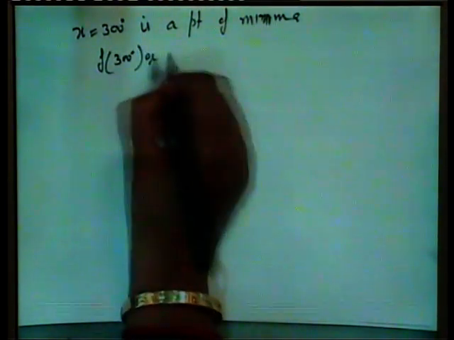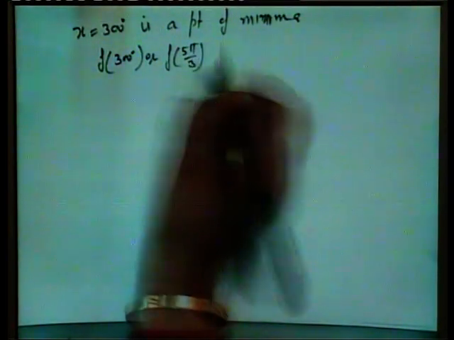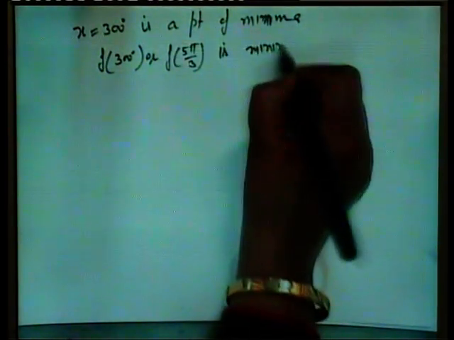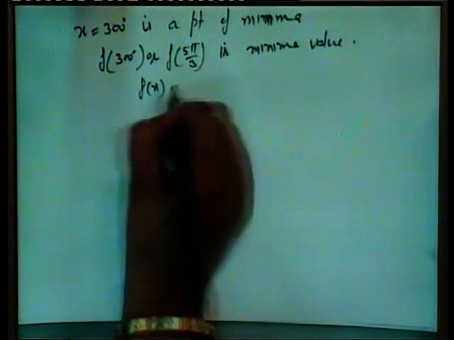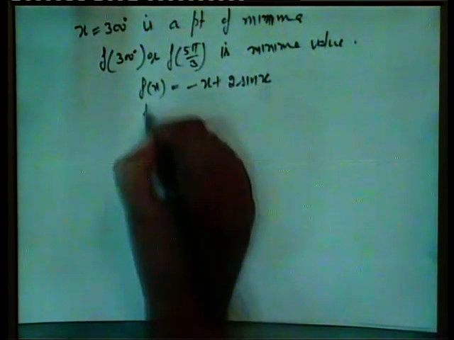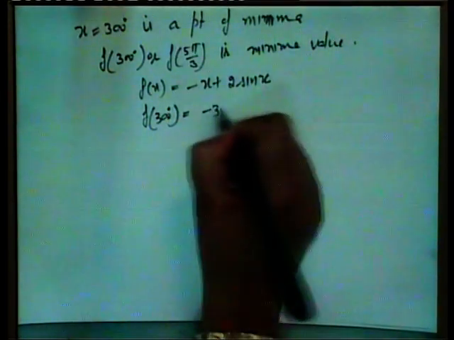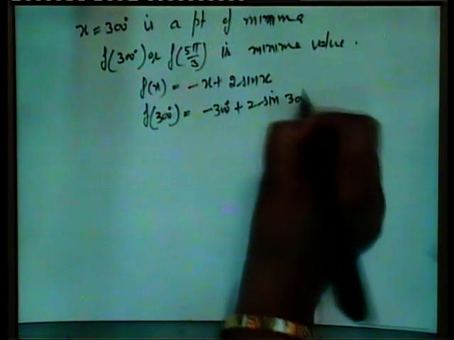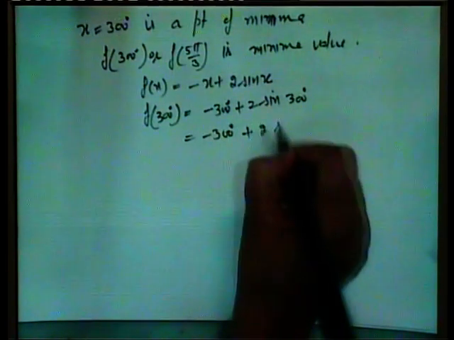And f(300), or f(5 pi by 3), we can write 300 as 5 pi by 3 also, is the minimum value. f(x) is minus x plus 2 sin x, therefore f(300 degrees) is equal to minus 300 degrees plus 2 sin 300 degrees.